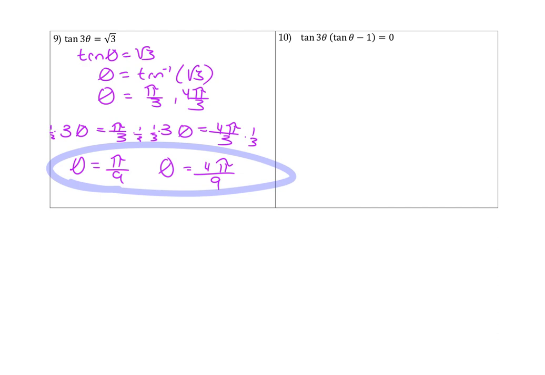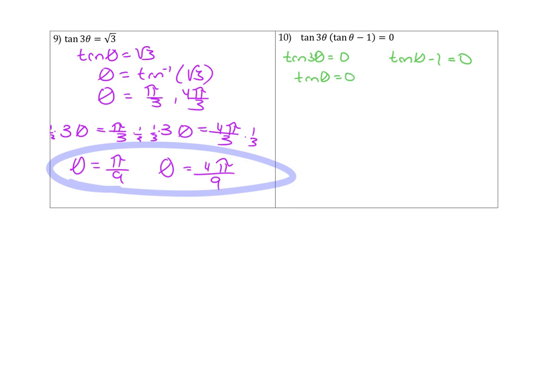Okay, so I've got this already factored. So I am going to set each of these factors equal to 0: tan theta equals 0, and tan theta minus 1 equals 0. So the first one, tan theta equals 0.